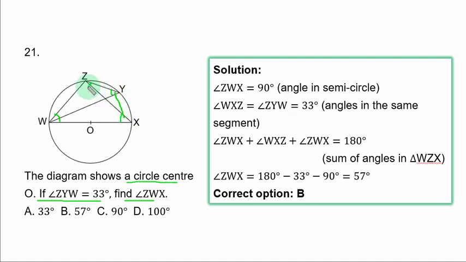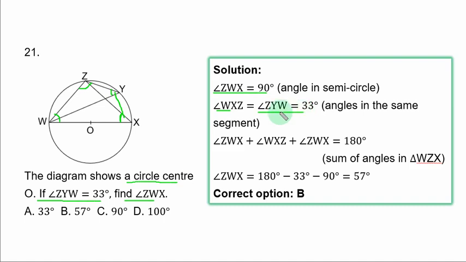Now this angle is 90. Angle in a semicircle because WS is a diameter. So we have angle ZWS 90 degrees, angle in semicircle, angle WSZ, that is this angle, is equal to angle ZYW, and that is 33 degrees, angles in the same segment.